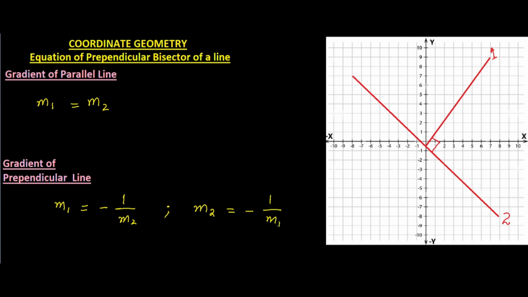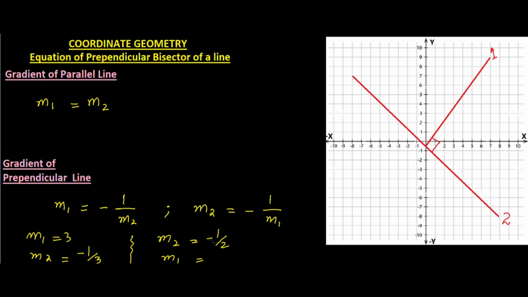For example, if the gradient of line 1 is 3, the gradient of line 2, which is perpendicular to line 1, will be equal to minus 1 over 3, the negative reciprocal. Similarly, if the gradient of line 2 is minus 1 over 2, then the gradient of line 1, which is perpendicular to line 2, will be the negative reciprocal.